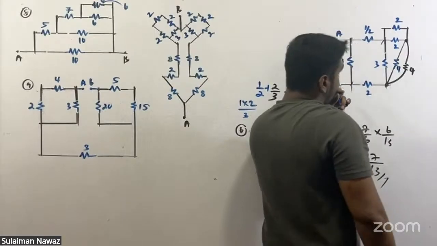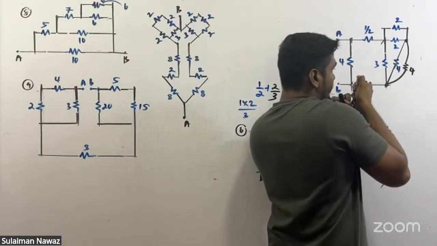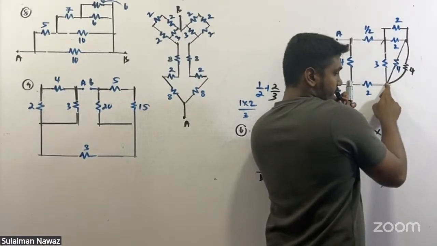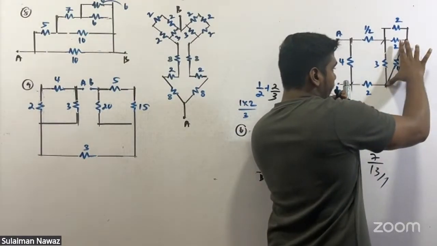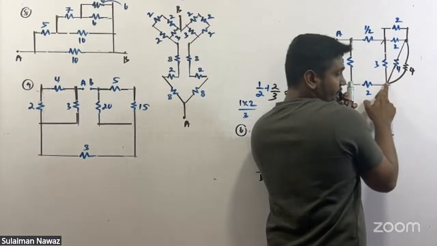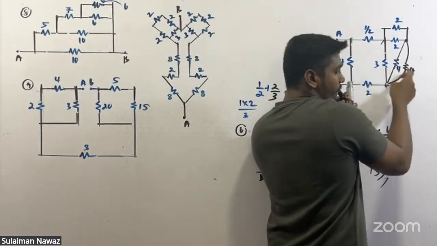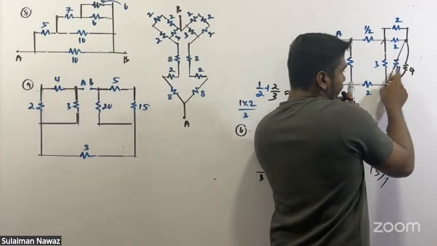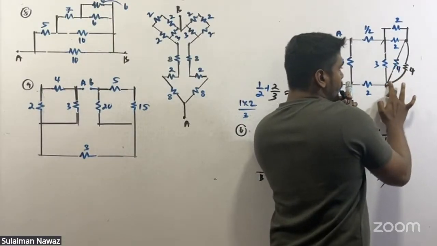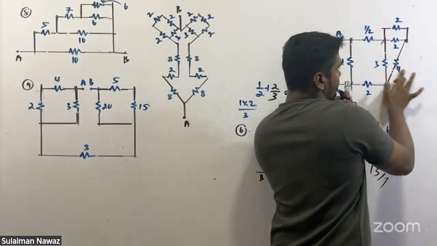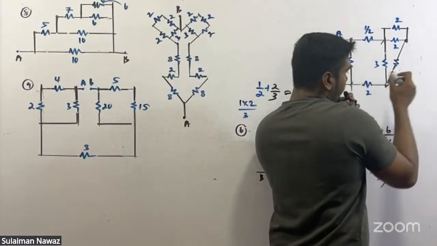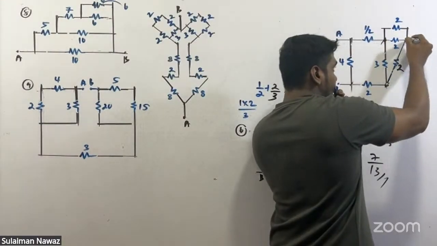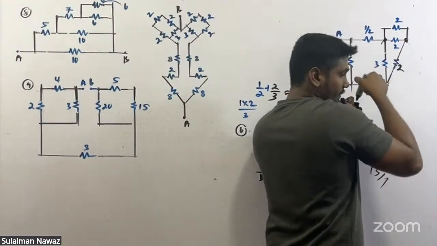Right? Then see, again when you consider these 2 points, this 4 and this 4 are in parallel. The equivalent of these two is going to be 2 ohms. Right? Now consider between these 2 points.